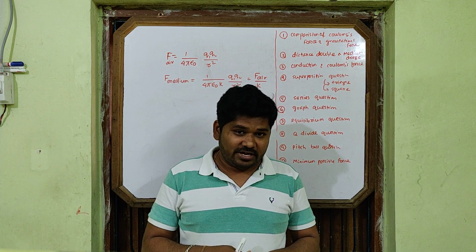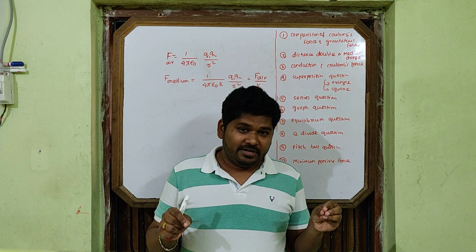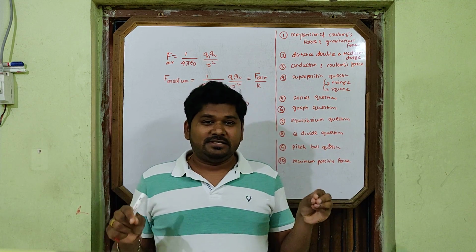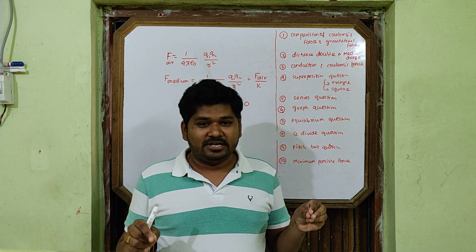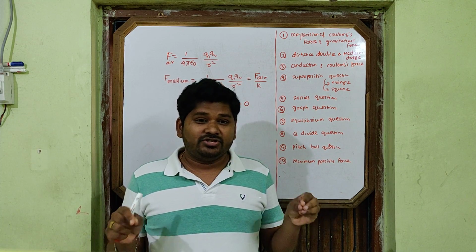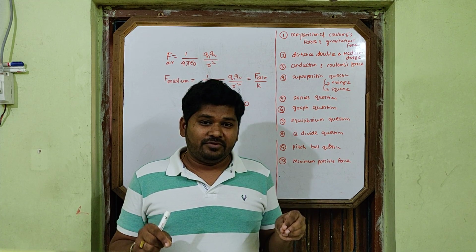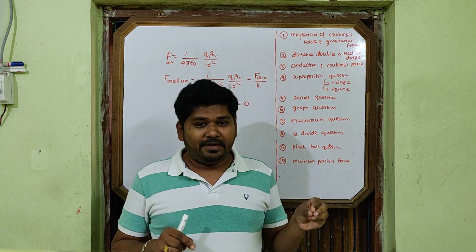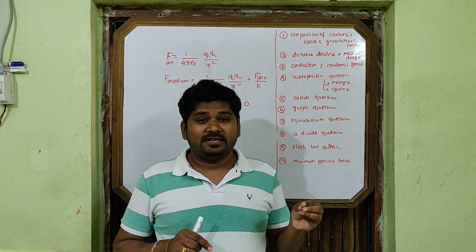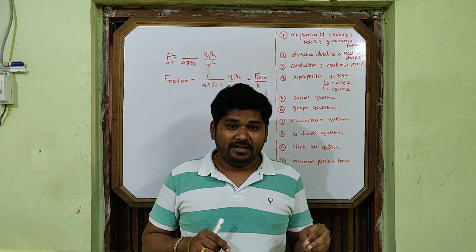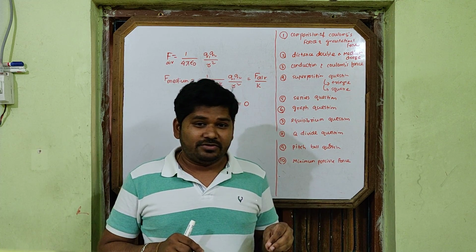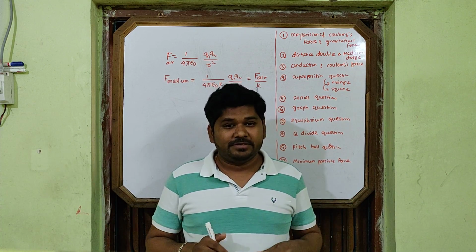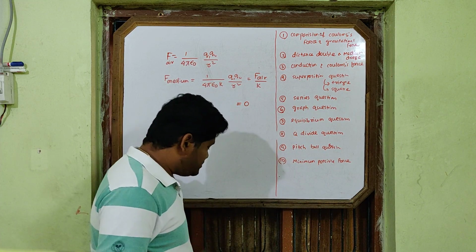I am repeating the question: if two charges are separated by some distance in air and exert electrostatic force F on each other, and a medium of dielectric constant K is inserted between them, to get the same force, what will be the new distance of separation? This is a good question.